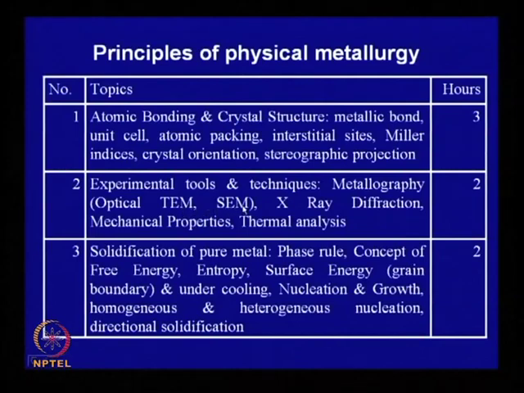The underlying arrangement of atoms has been studied using X-ray diffraction techniques. We will also be talking about a number of mechanical properties, so it will be a good idea to know how these properties are measured and how we look at the transformation processes, where thermal analysis is quite important.